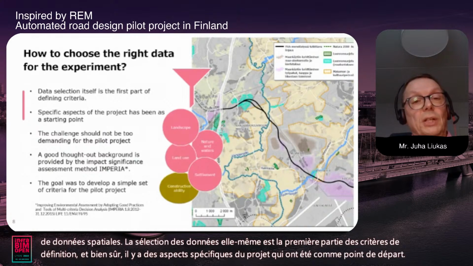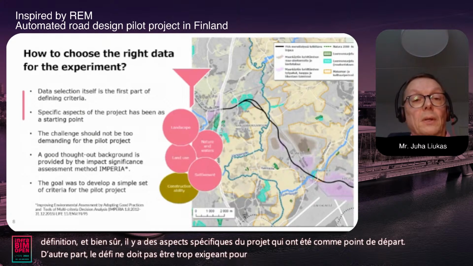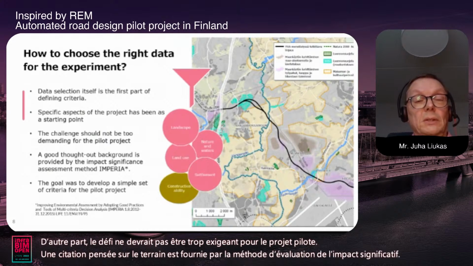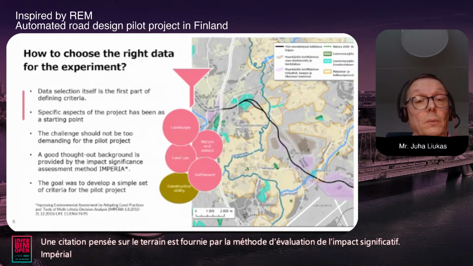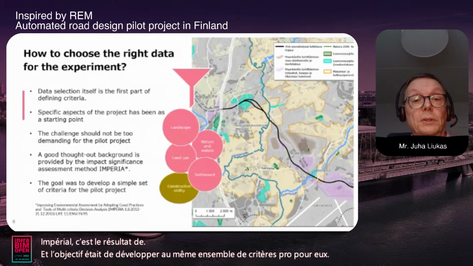On the other hand, the challenge should not be too demanding for the pilot project. A good thought-out background is provided by the impact significance assessment method Ampere. That's a result of one EU project. And the goal was to develop a simple set of criteria for the pilot project.